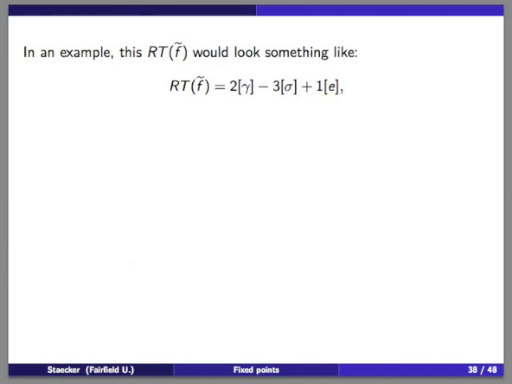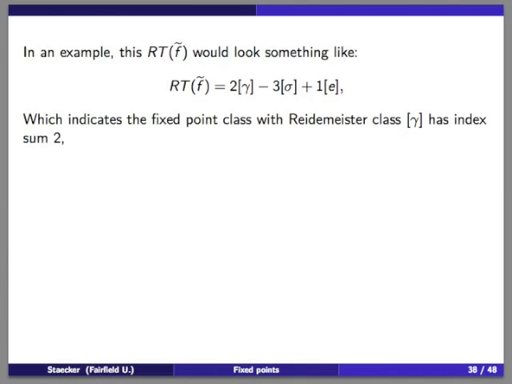So this is a made-up example, and I'm not even telling you what the example is, but the Reidemeister trace doesn't look like an integer. It looks something like this. You have integer coefficients in front of Reidemeister classes. So in some imagined example, you could have a Reidemeister trace that looks like this. What this would indicate is that the map has a fixed point class with Reidemeister class gamma, and that one has index 2, because 2 is the coefficient there.